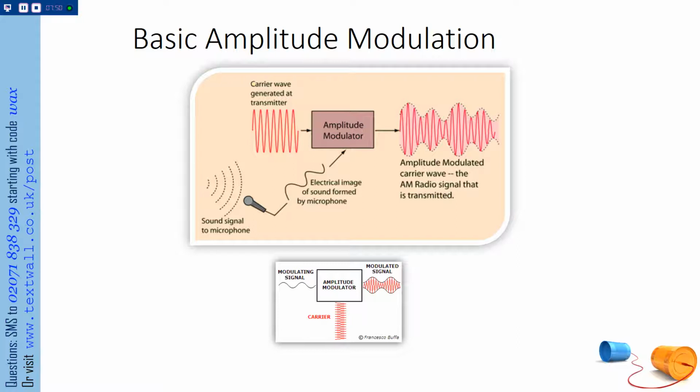If the message is in kilohertz, your frequency for the carrier will be much higher than that. It'll be hundreds of kilohertz: 100 kilohertz, 200 kilohertz, 500 kilohertz, 1 megahertz, 10 megahertz, that kind of range, okay? We're not talking about 100 megahertz. That goes into FM territory, shorter wavelength.